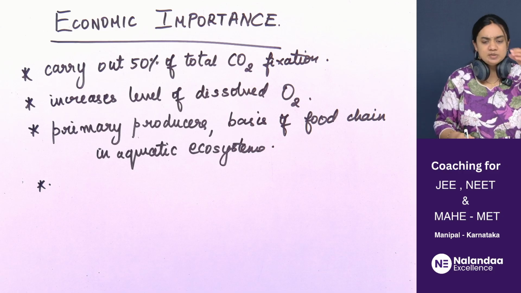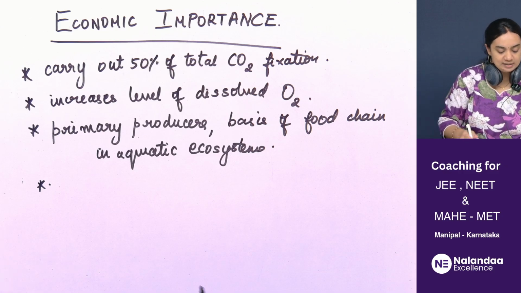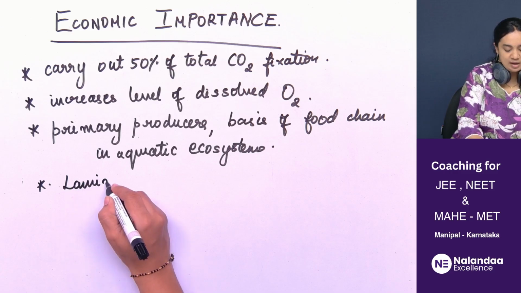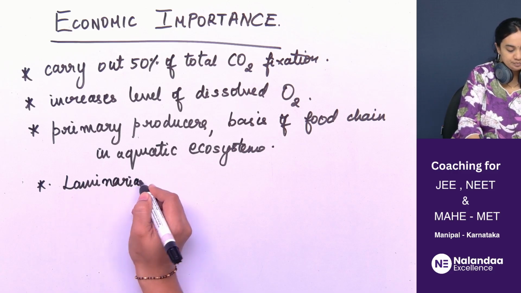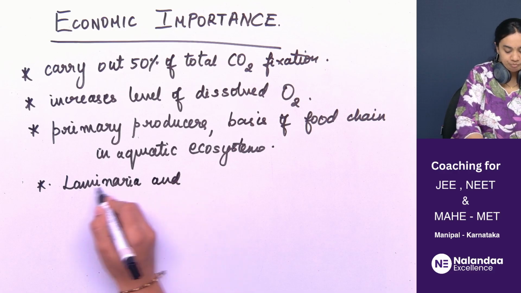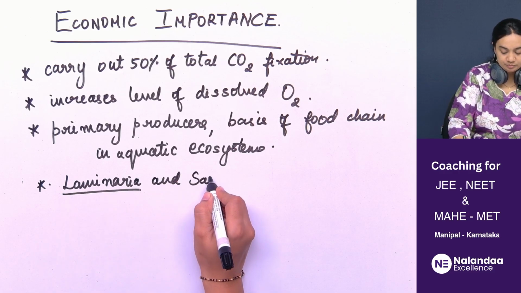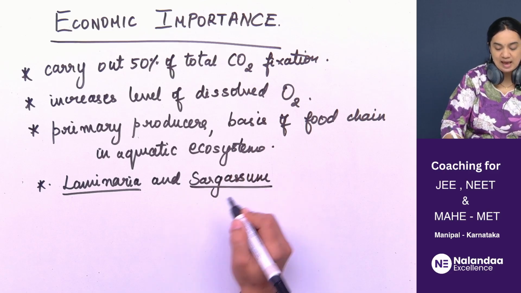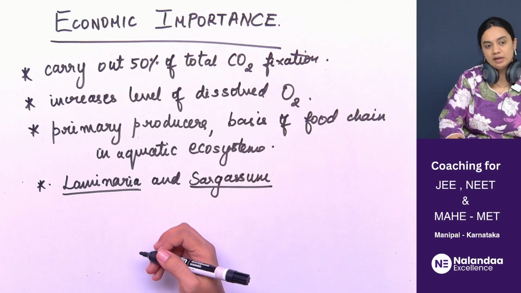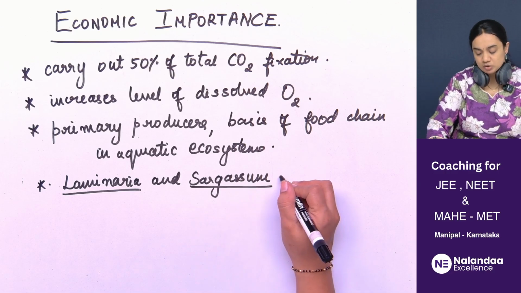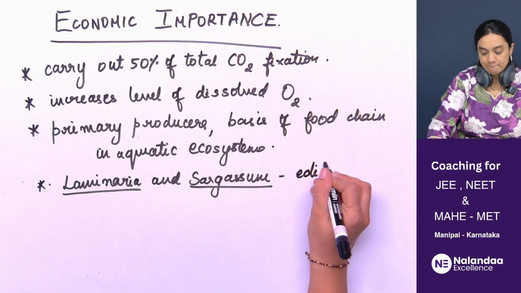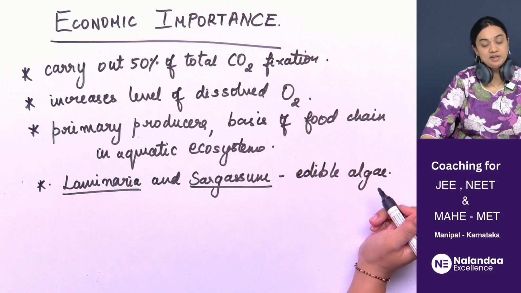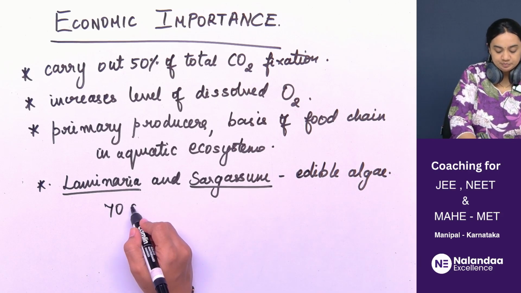And then now talking specifically about economic importance, species of Laminaria and Sargassum are used as food. Some species of Laminaria and Sargassum, both belonging to class Phaeophyceae. So these are edible algae. So there are around 70 species of algae that are edible.